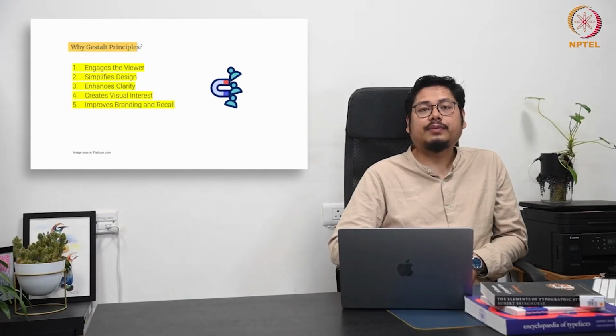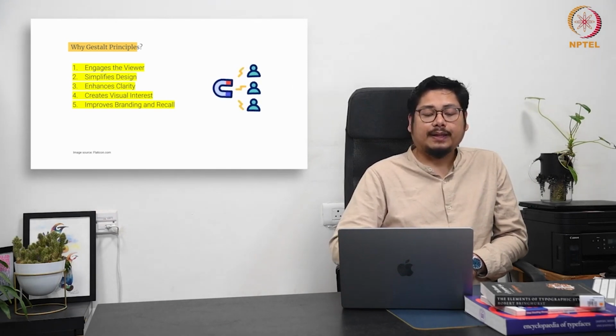Say, for example, in terms of closure, how WWF's panda logo seems very distinctive, and it always engages you in terms of simplicity. This is where brand recall plays an important role in using Gestalt principles.